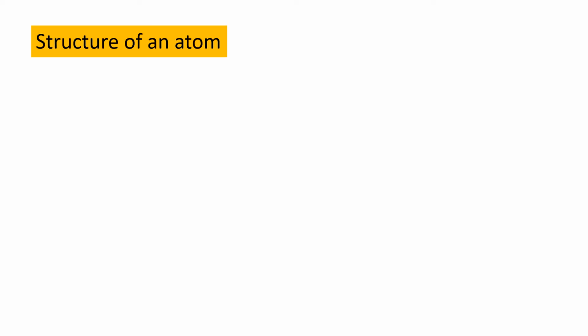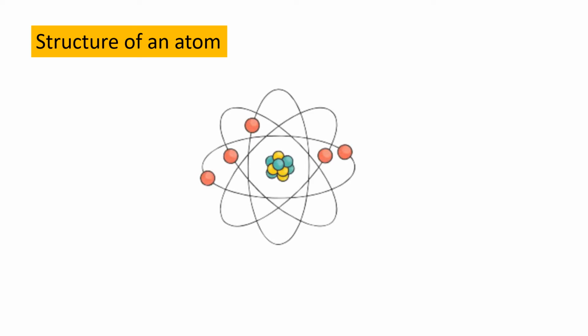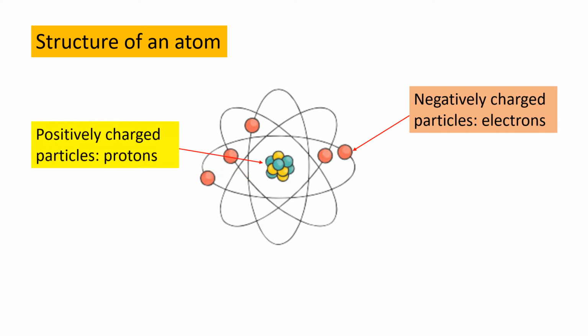So now we get into the nitty-gritty chemical stuff, right? To understand radioactivity, you need to know about an atom. So what is an atom? The structure of the atom looks similar to this. There are two types of particles in the middle, which make up the nucleus, and there are things revolving around it. Those are the electrons.